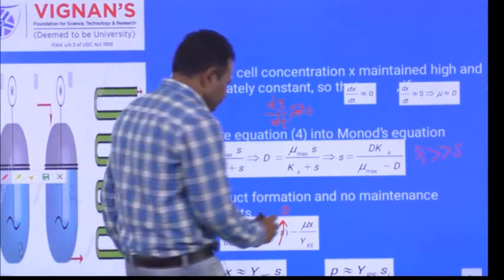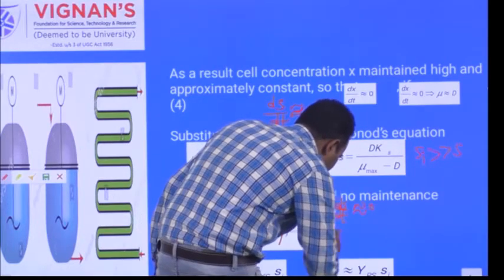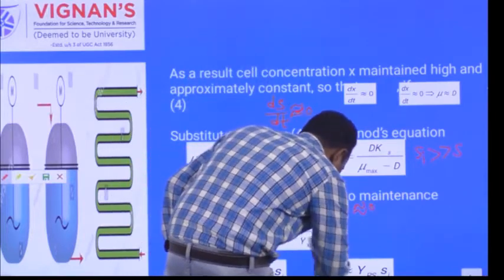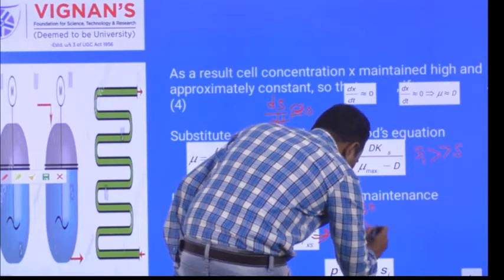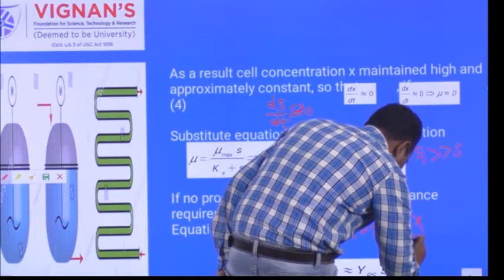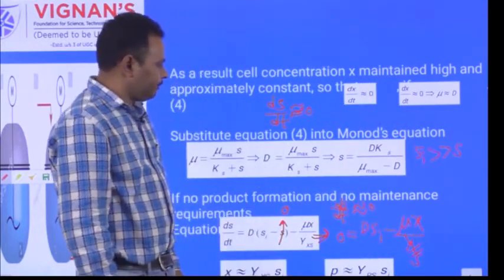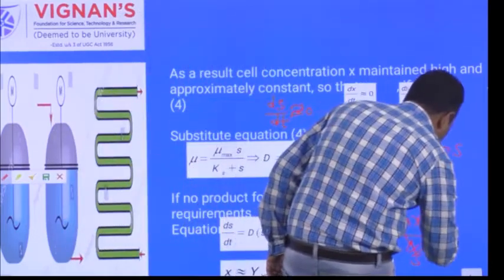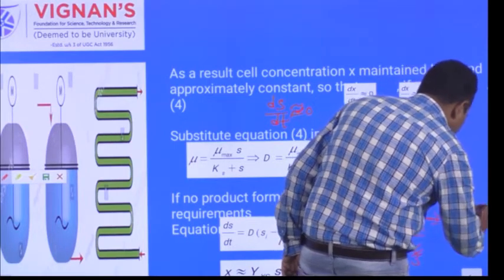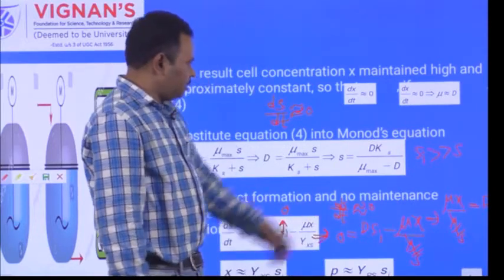So in place of this, put dS by dt approximately 0. Here from this you can write 0 is equal to D Si minus mu X into Yx/S. From this, take mu X by Yx/S to the left-hand side, then this is equal to D Si. Okay, D Si.